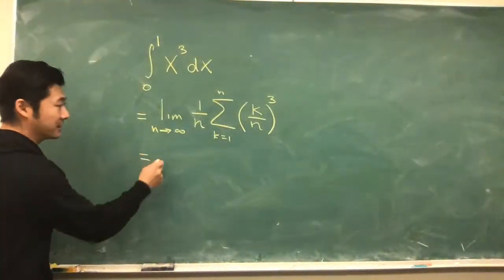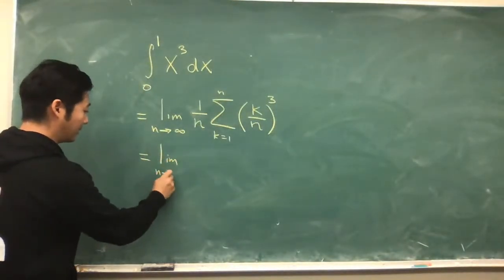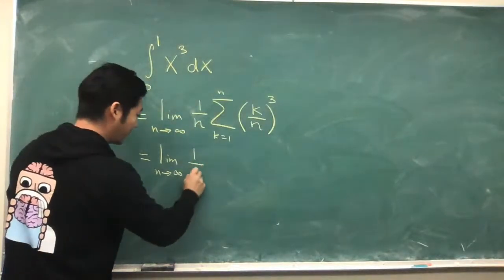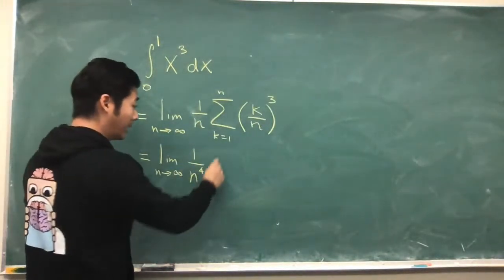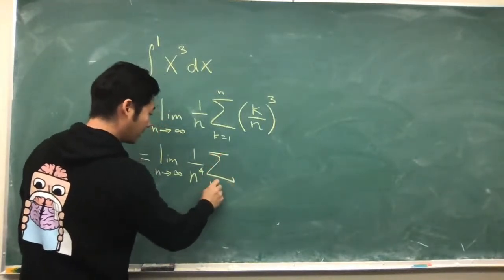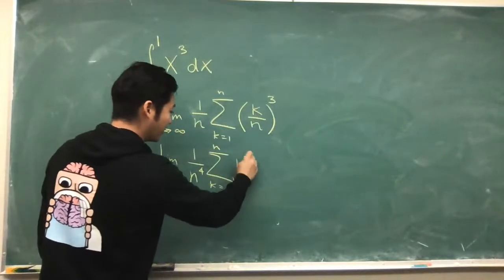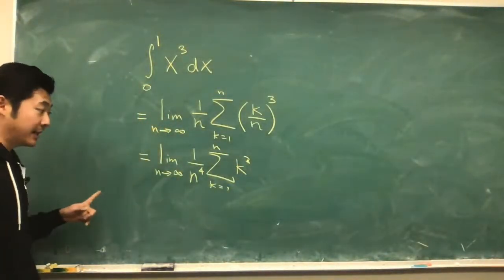So to compute this limit, you can factor out n cubed, so you get the limit as n goes to infinity of 1 over n to the 4th of the summation of k cubed. And so for this, we need an identity.